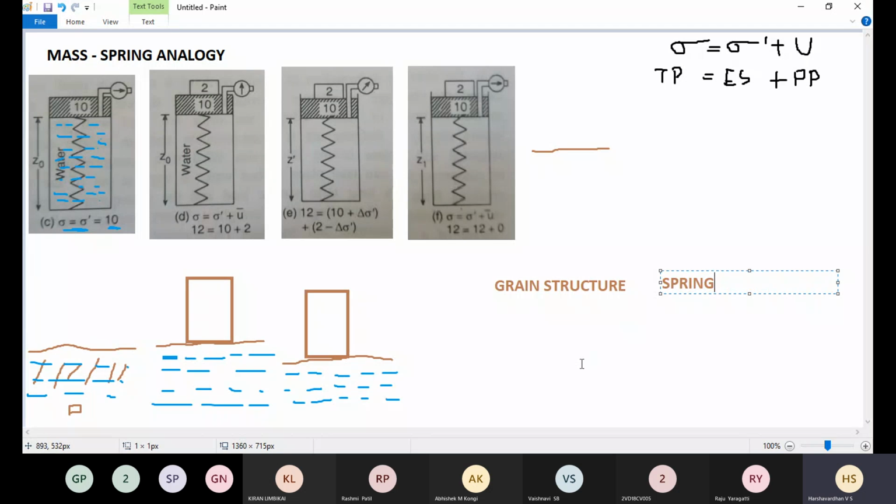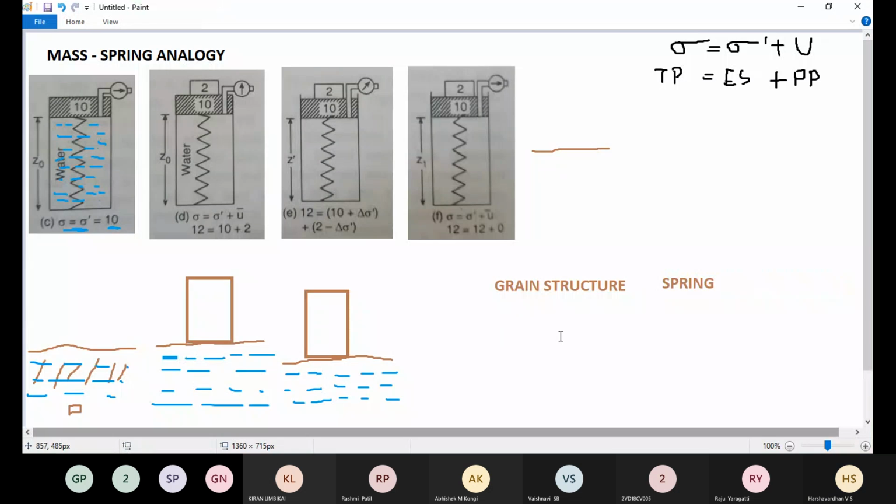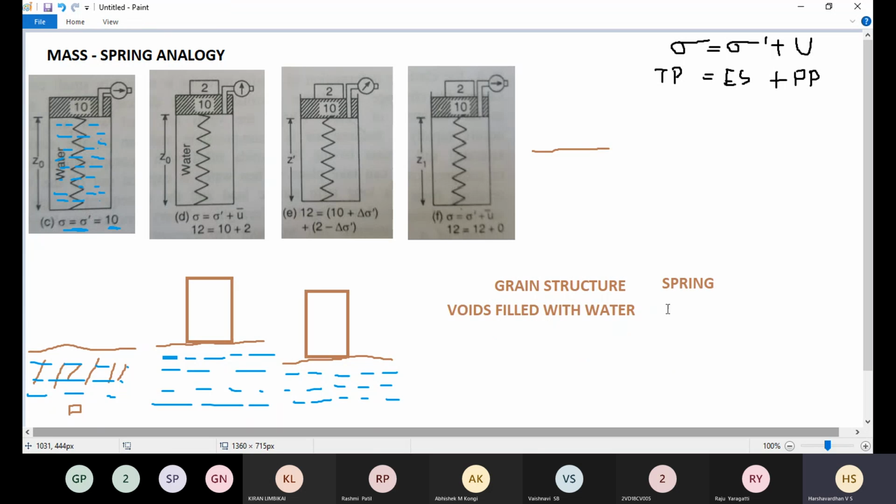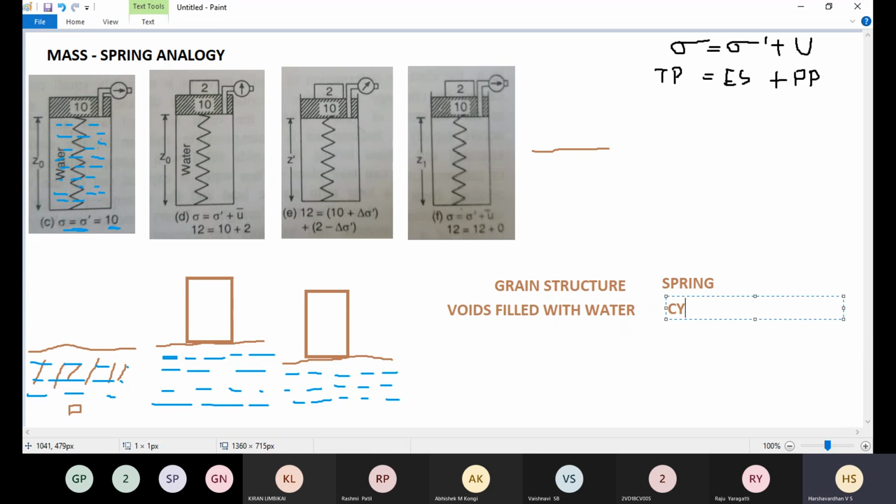Next, the voids filled with water represent the cylinder that is filled with water.